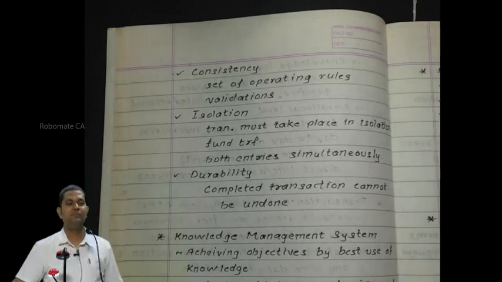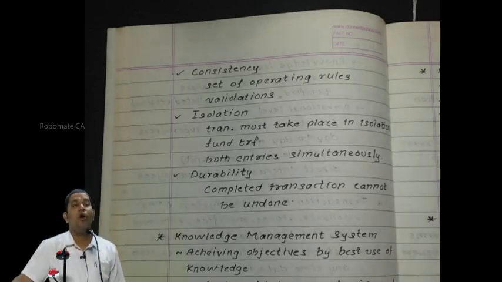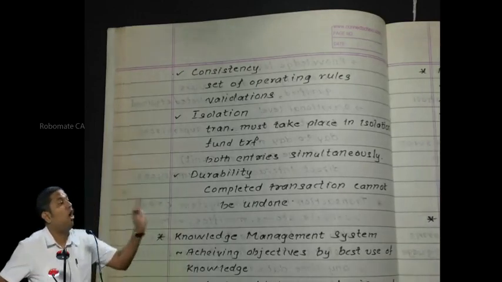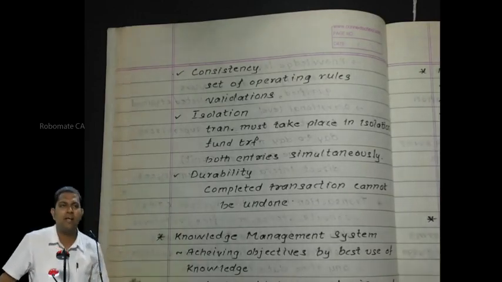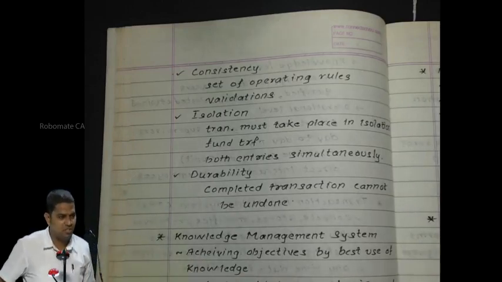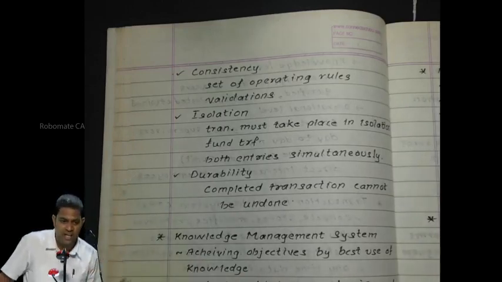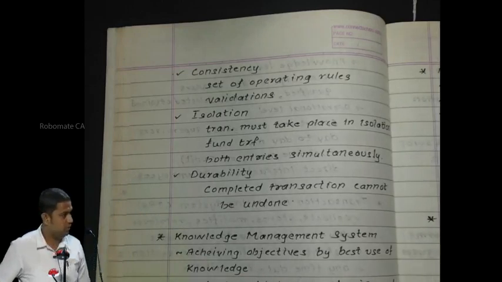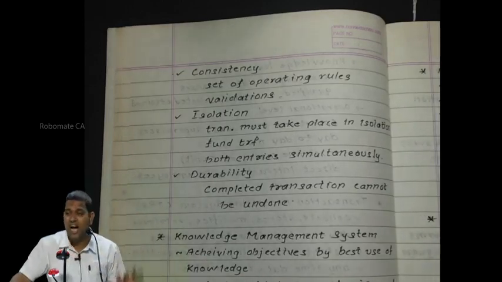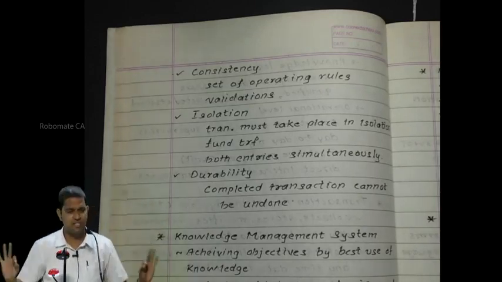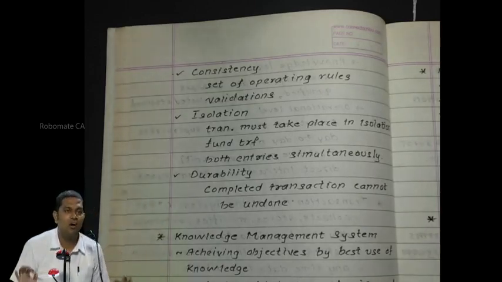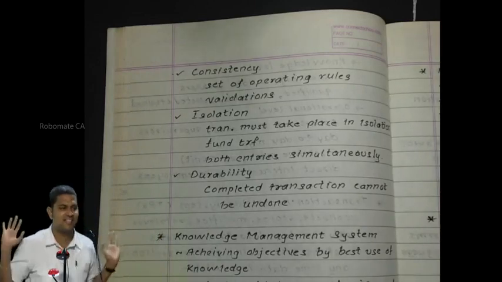Listen. All names, name of a person, no matter to which country he belongs, to which particular area or region he belongs, to which particular religion, caste, creed he belongs, all names comprise only characters.